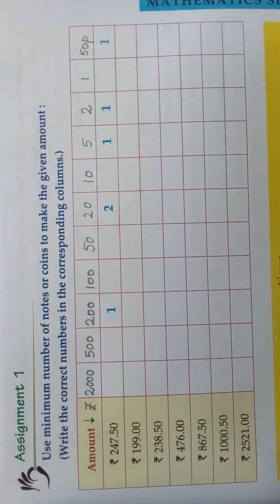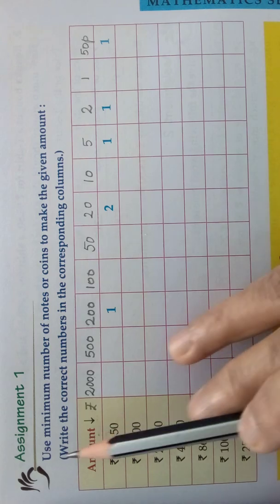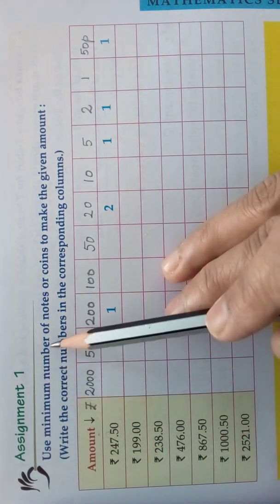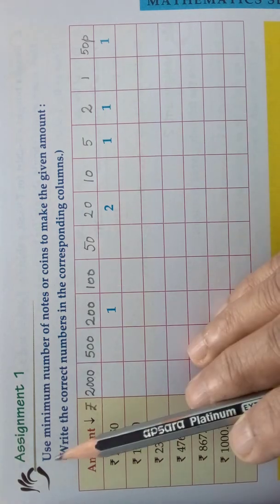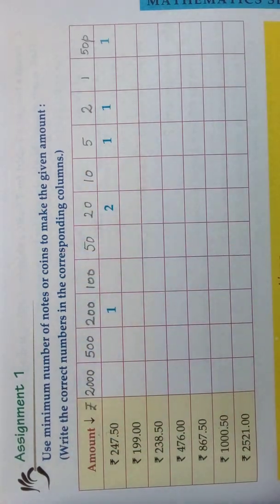So the question here is, use the minimum number of notes or coins to make the given amount. Write the correct numbers in the corresponding columns.